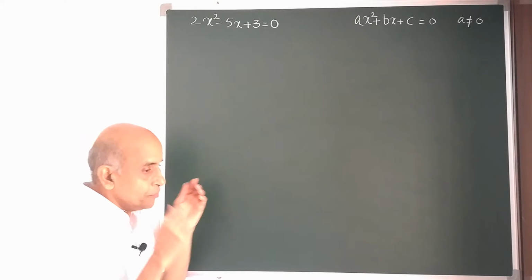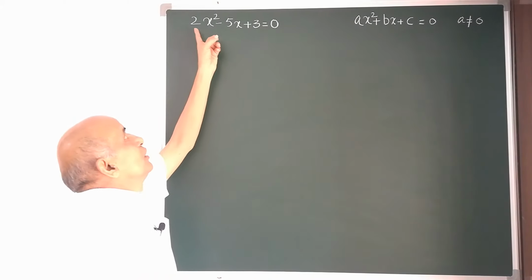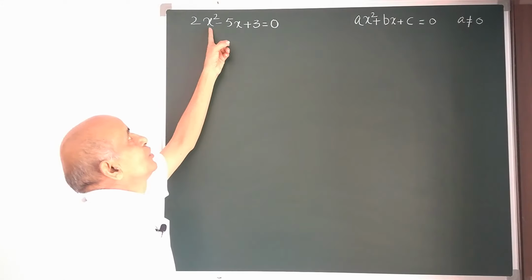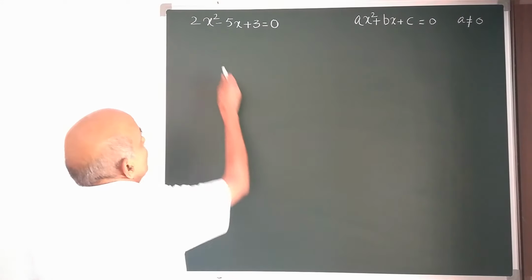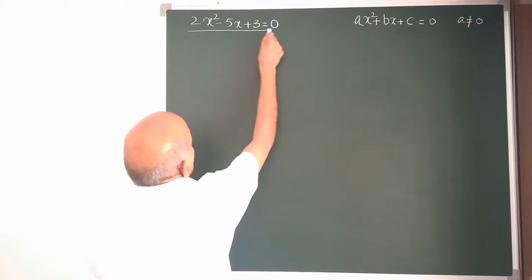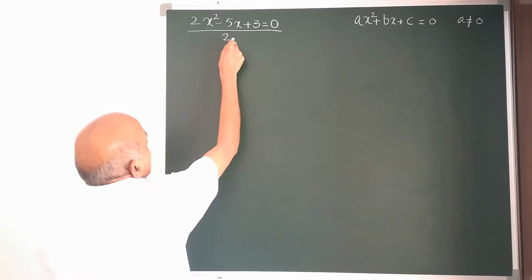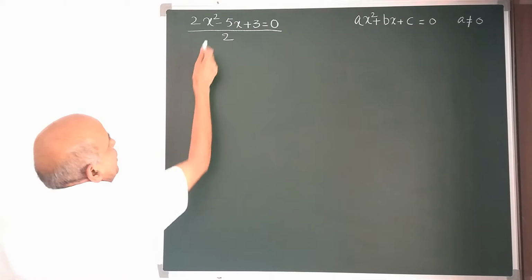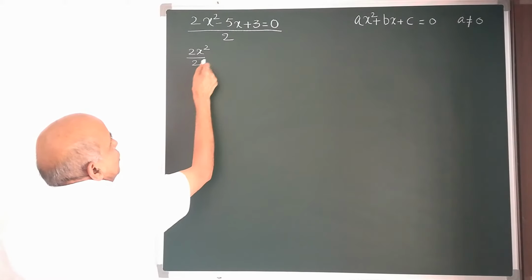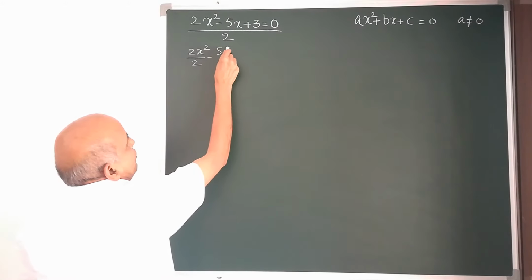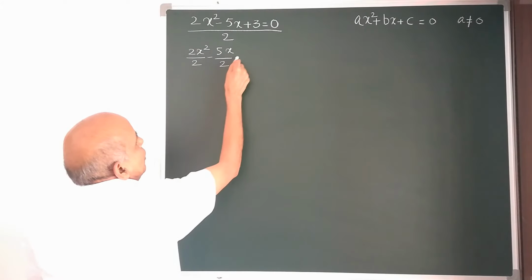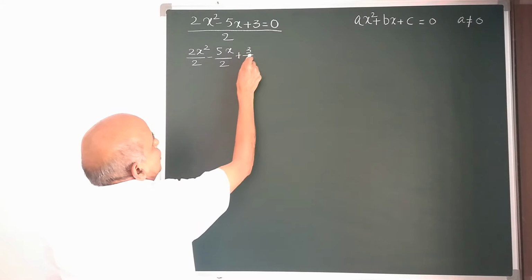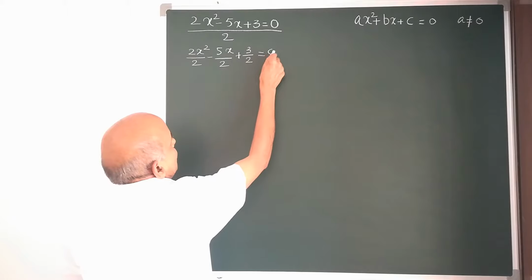Now, in order to make the coefficient of x square as 1, we are dividing the equation throughout by 2. So, each term is divided by 2. 2x square by 2 minus 5x by 2 plus 3 by 2 is equal to 0.